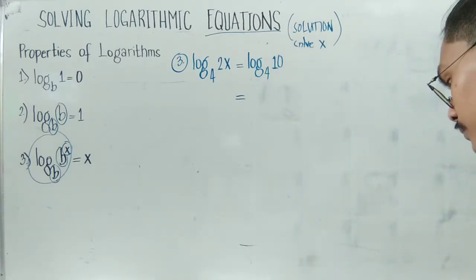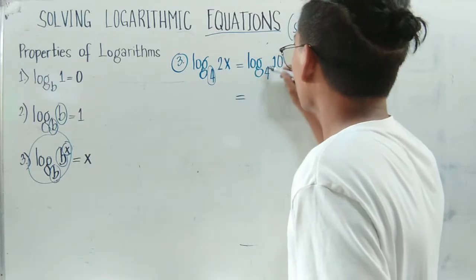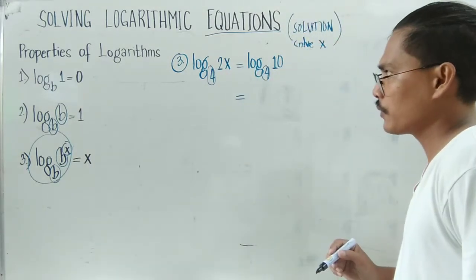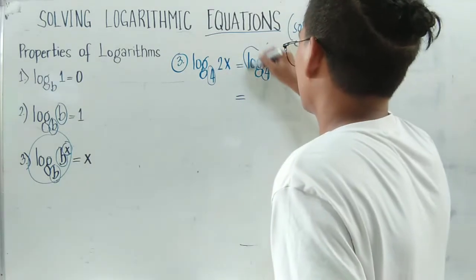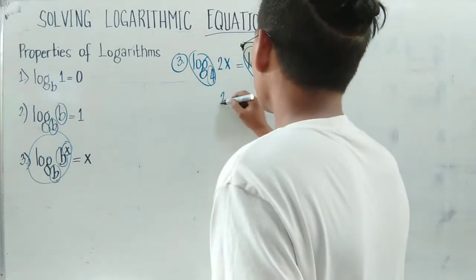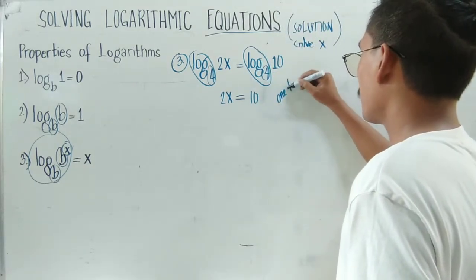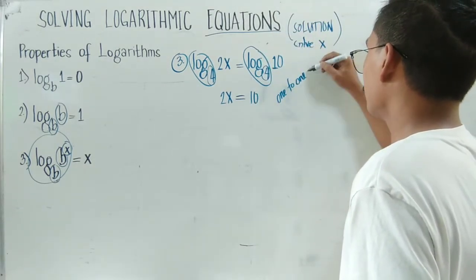Number 3. Okay, so if you can see, the bases are the same. So the bases are 4. So therefore, disregard the log and solve for 2x and 10. And that is your one-to-one property.